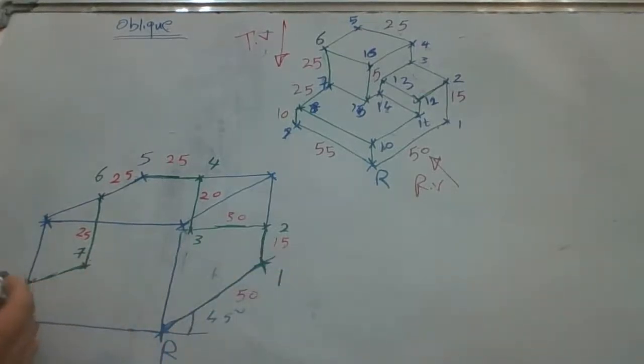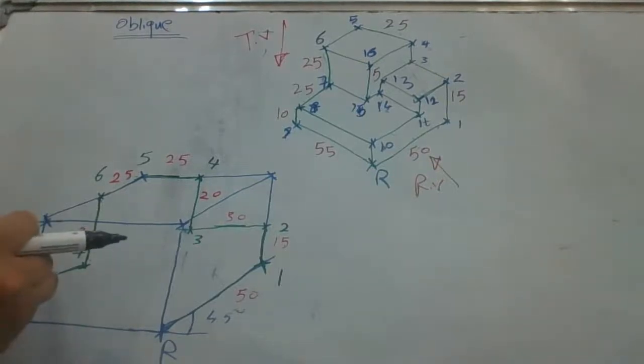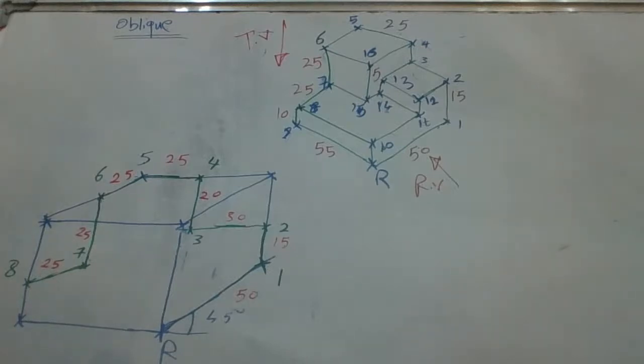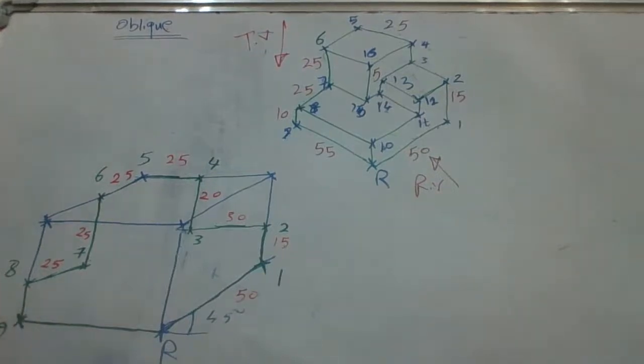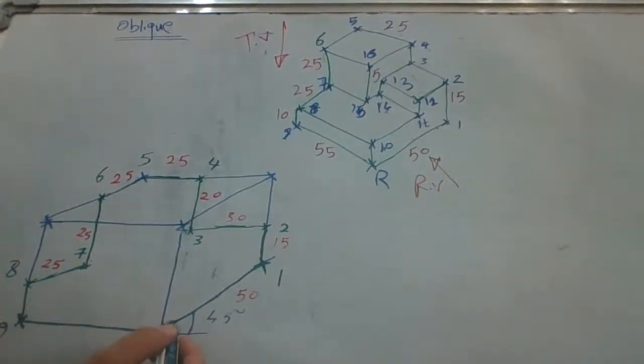Yes, 7 to 8. The length from 7 to 8 is 25 also. Now, this is 8. Continue 8 to 9, 9 to R. Okay, we return back to R.